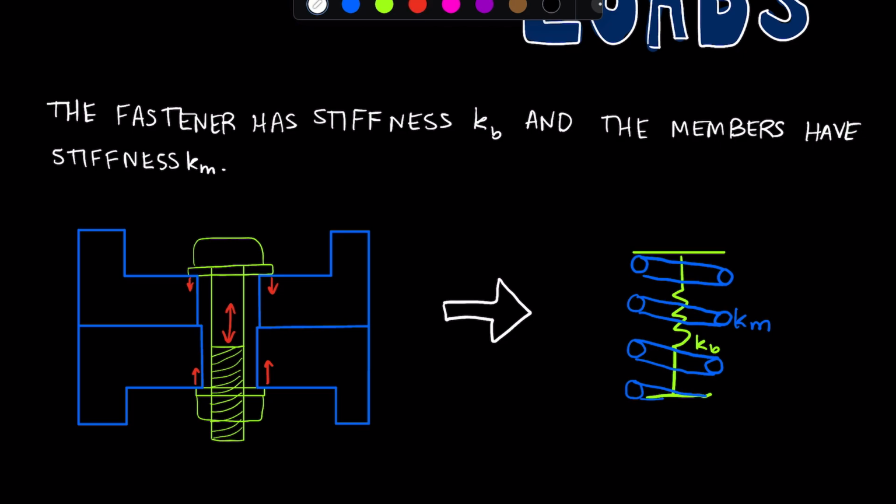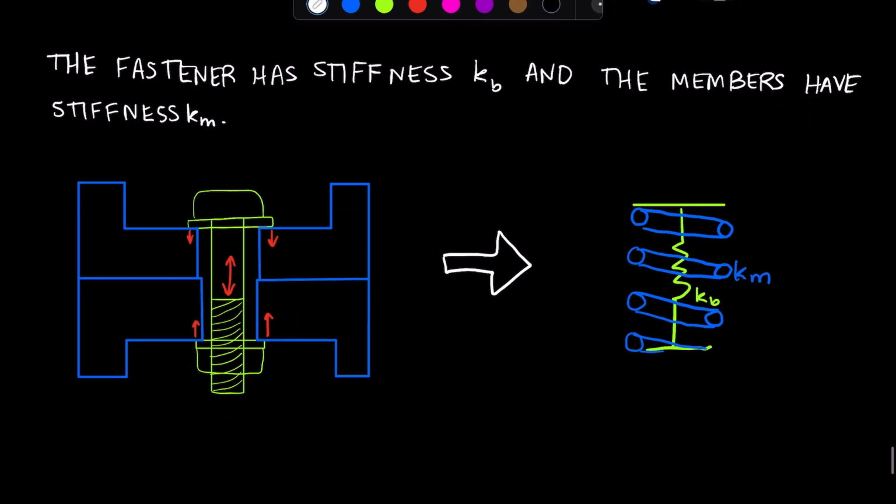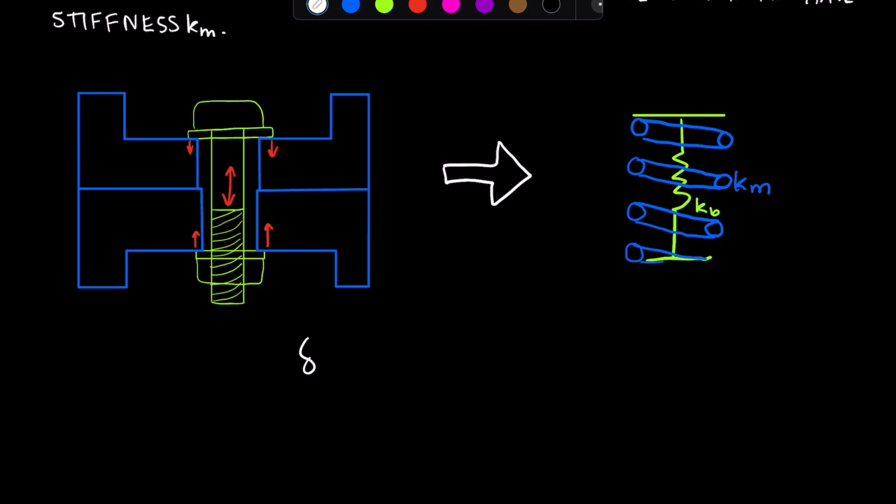So we can work out the amount of elongation and compression using Hooke's law, remembering that we've idealized these as being springs, so we're elongating the bolt spring and we're compressing the member spring. So the fastener gets elongated by delta B, which is equal to Fi, our preload, divided by KB, which is our bolt stiffness, just Hooke's law.